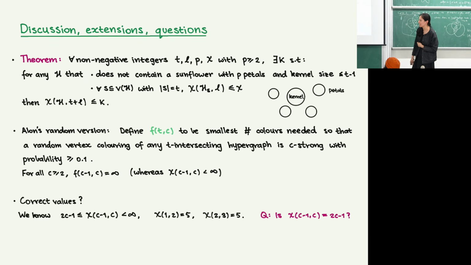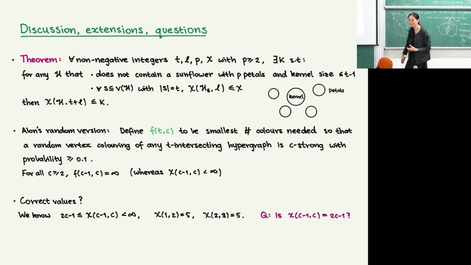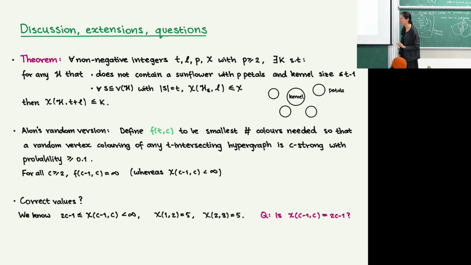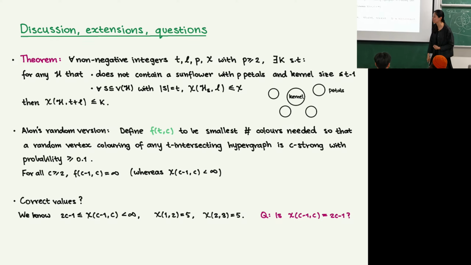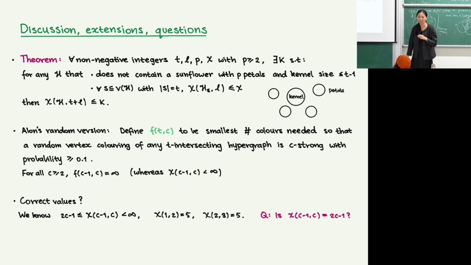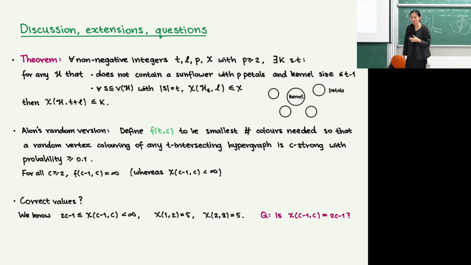Okay. And finally, let me just mention the big questions here. Now that we know it's finite, what values do we have? That would be interesting to know. So we have 2C minus 1 is at most chi_{C-1}(C), which is finite. Our bound is clearly very far from this because of our use of hypergraph Ramsey in particular. I think the best bounds that we have for this might be the Conlon-Fox-Sudakov ones, so something like triply exponential might be possible.